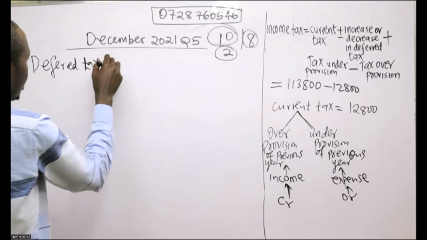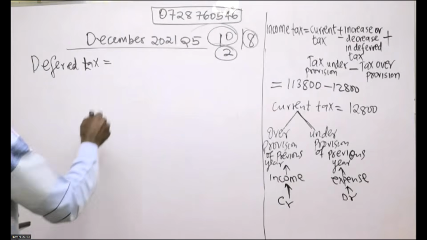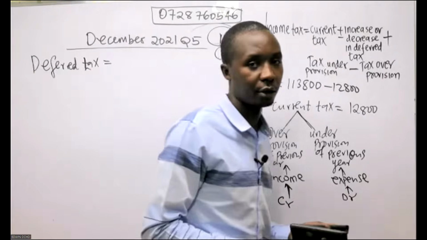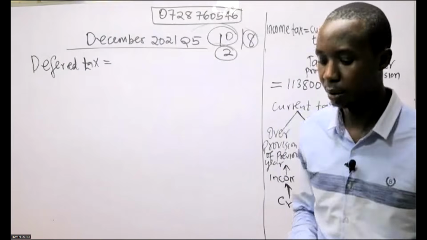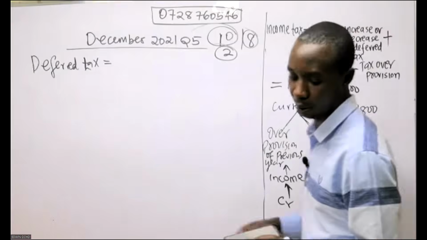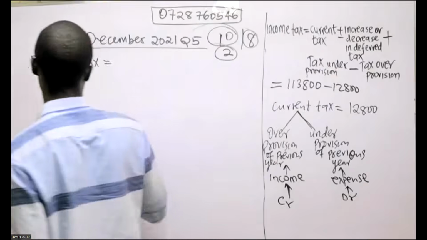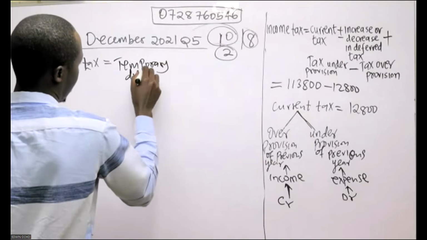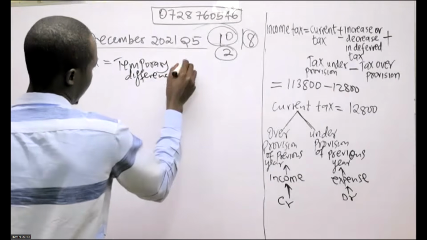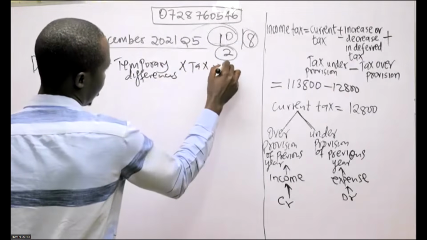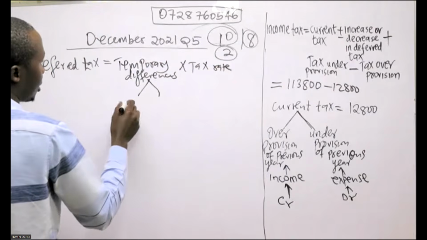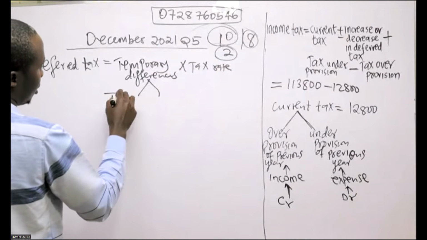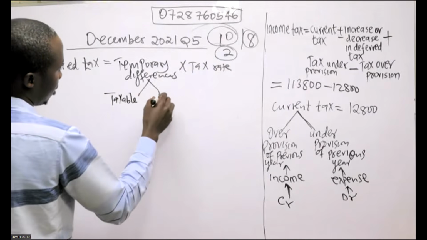When we talk about deferred tax, deferred tax is equal to what? That's what I expect an answer from you. Deferred tax is temporary difference times the tax rate. We have types of temporary differences: taxable and deductible.